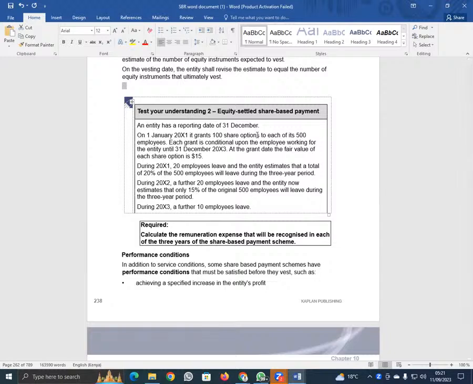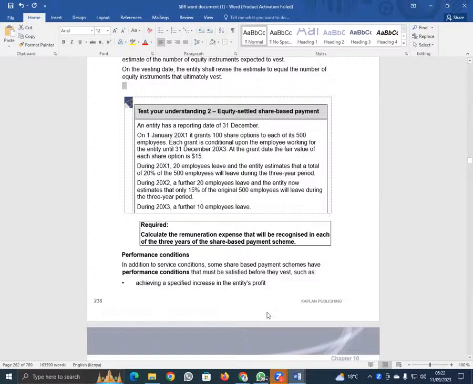So we're looking at these guys working for us for the whole of 21, the whole of 22, and then the whole of 23. Those are 3 years. So you must work for us for 3 years for us to be able to give you the company's shares. Here we are looking at longevity of service. We would want you to serve us for 3 years.